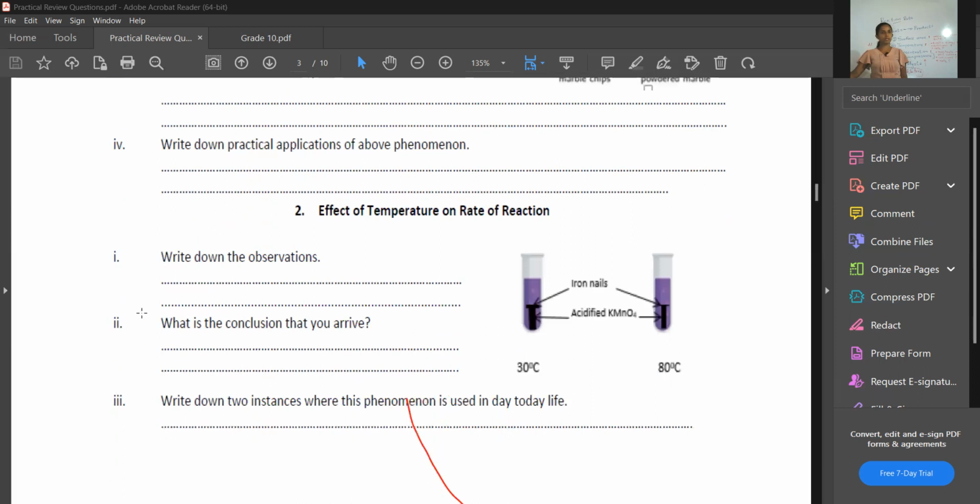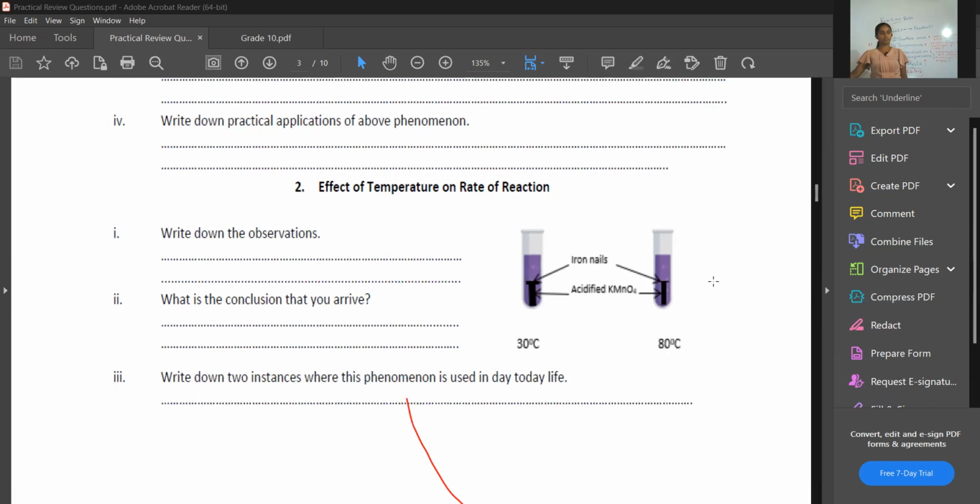Look at the second one, the effect of temperature on rate of reaction. Here we use the reaction between potassium permanganate and iron nails. You know the color of potassium permanganate; it is purple. We take 2 acidified potassium permanganate solutions, because the reaction goes on only in an acidic medium, so we put a few drops of acid in.